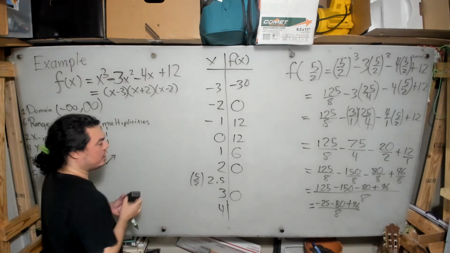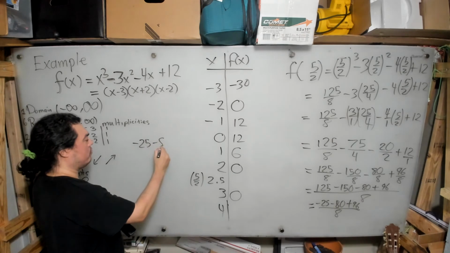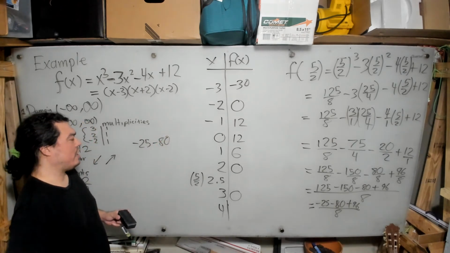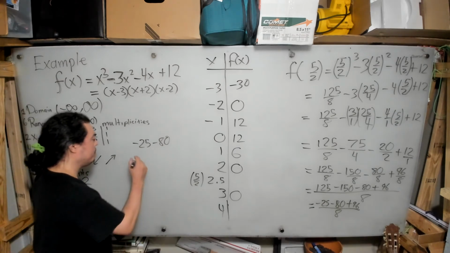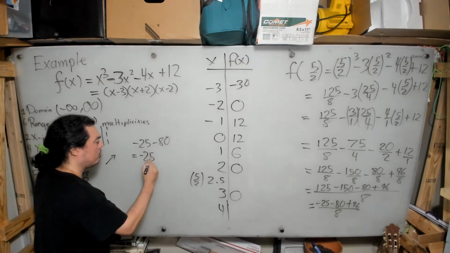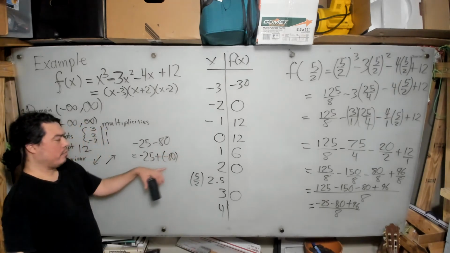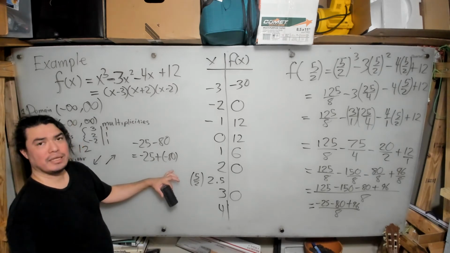So now the question is, what is negative 25 minus 80? So this is going to be rewritten as negative 25 plus the opposite of 80. Okay? So if that's the case, I'm adding two numbers with the same sign.